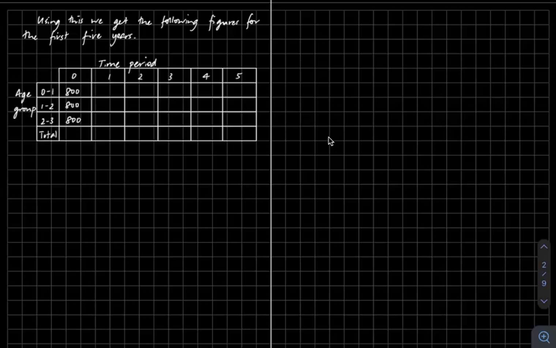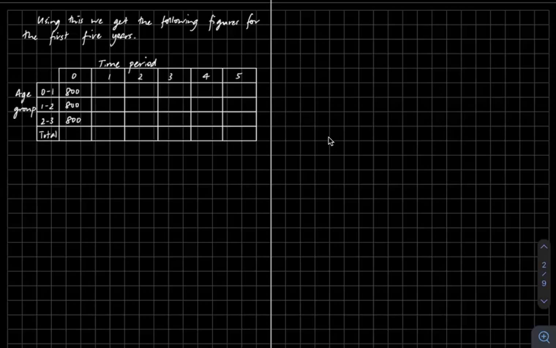We get the following figures for, let's say, the first 5 years. So grab your graphics calculator and have a go at doing this for 5 iterations and see if you get the following numbers. And that was our initial setup there.